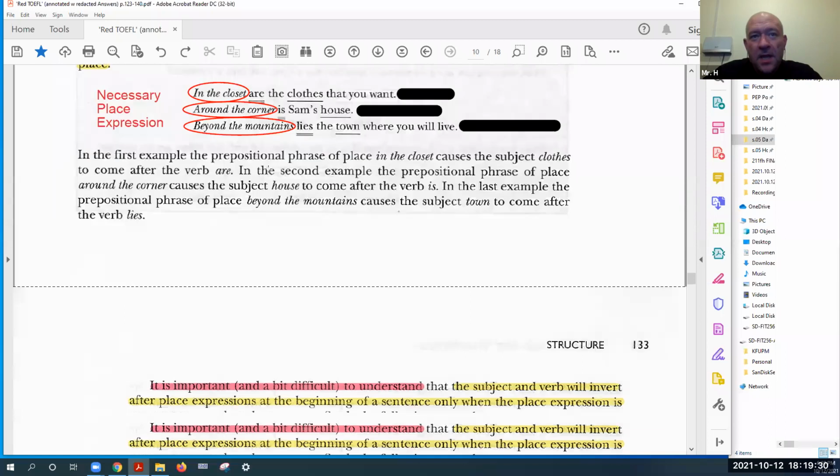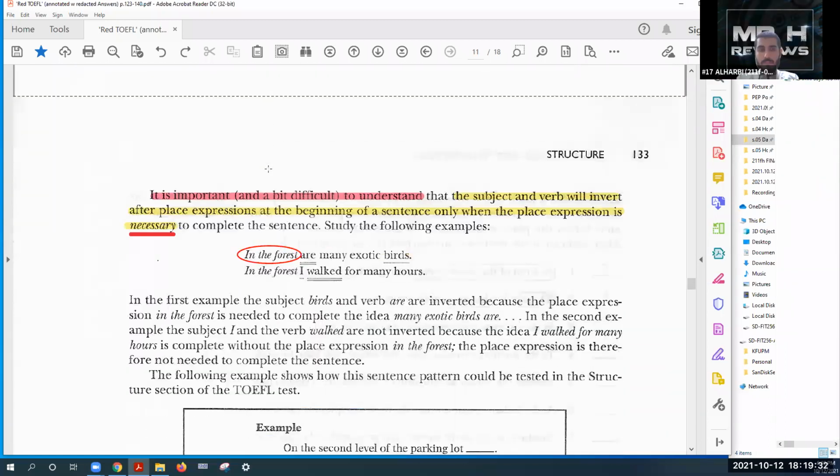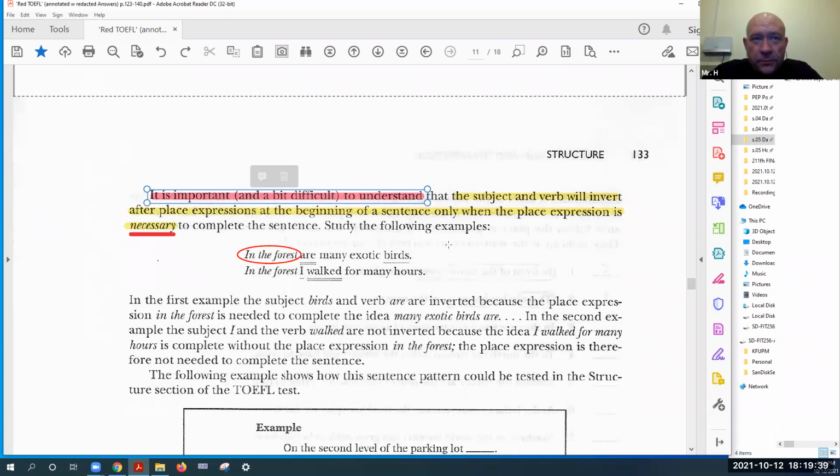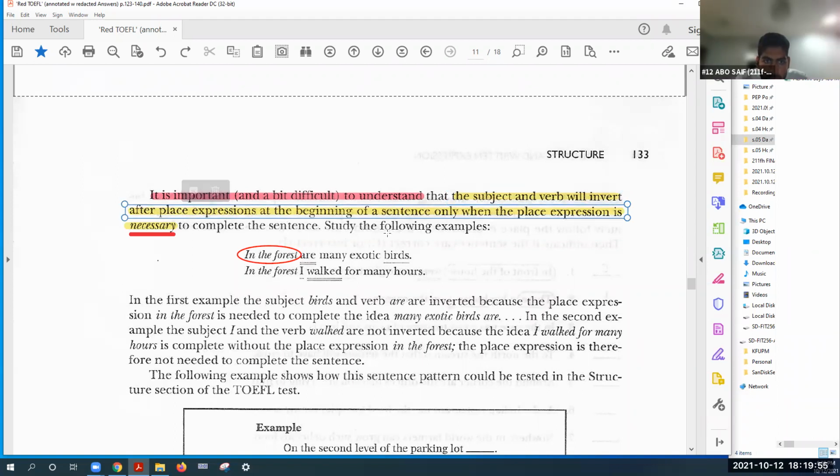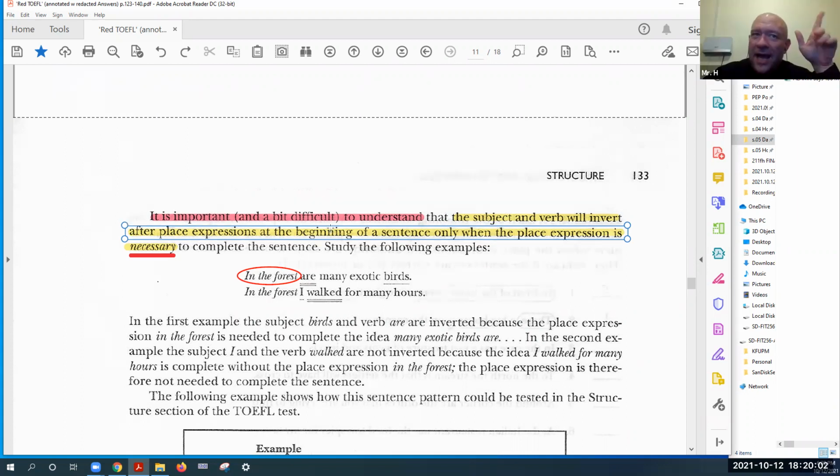Okay, so let's go on to the next example down here. Abu Saif, can you read? It is important and a bit difficult to understand that the subject and verb will invert after place expressions at the beginning of the sentence, only when the place expression is necessary to complete the sentence.